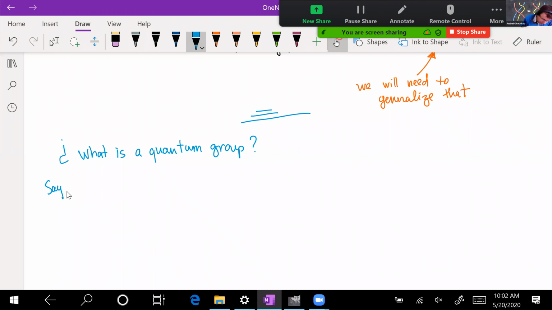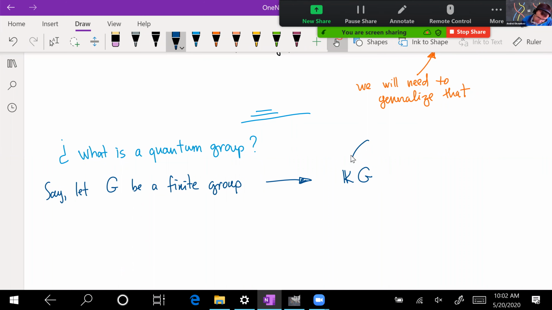Say let G be a finite group. Then to the finite group, we can associate an algebra, which is just the group algebra, KG, where K is a field.